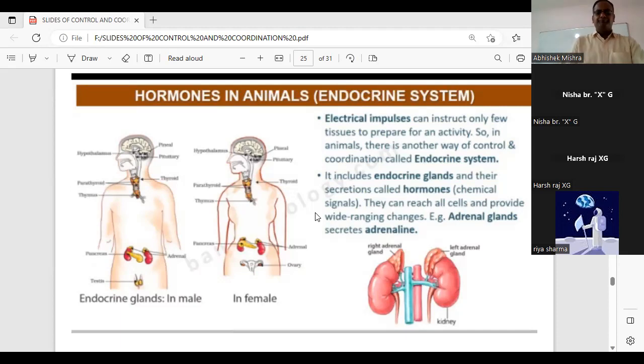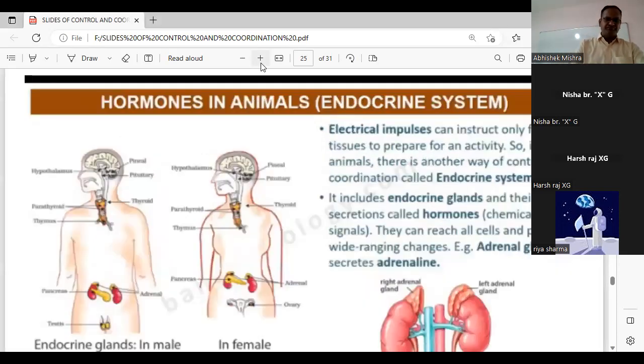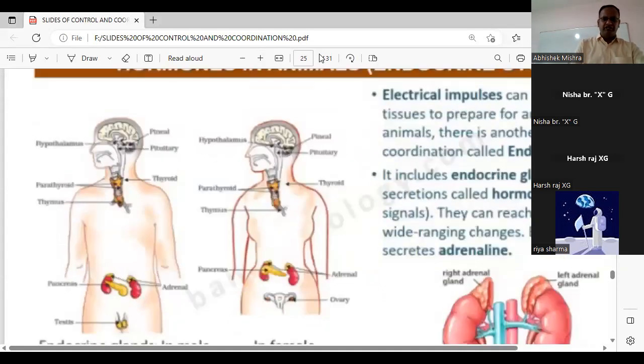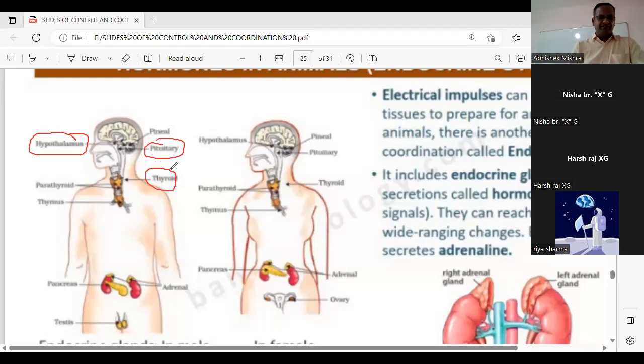Before going into that, there is one diagram in our syllabus, present in the NCERT also, which shows the location of the different endocrine glands. Remember, students, what we have to study in our syllabus: the hypothalamus, the pituitary gland, the thyroid gland, pancreas, the adrenal gland, testes in the male, and ovary in the female, the only difference.